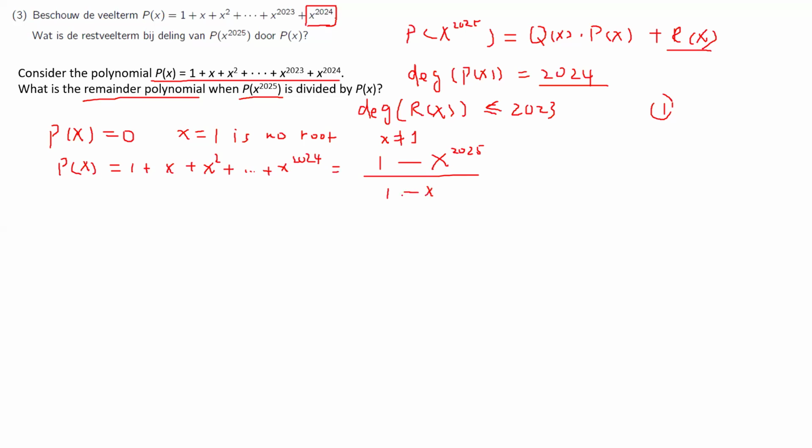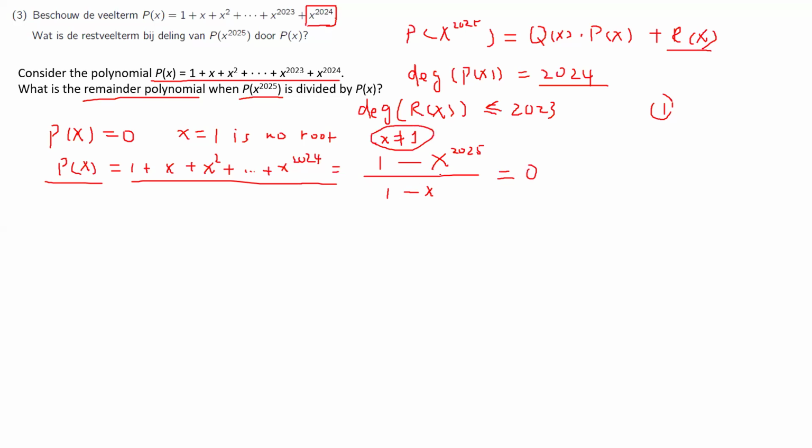That is easier because that's the sum of a geometric sequence with a common ratio of x. So we get P(x) equals this. If we set it to 0, we know that x cannot be 1.